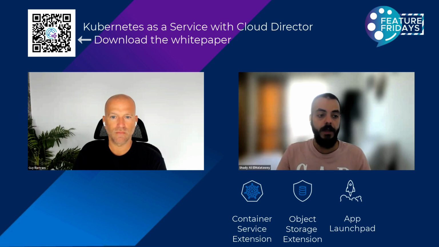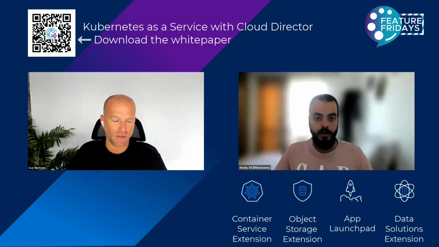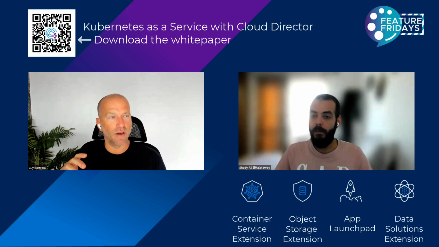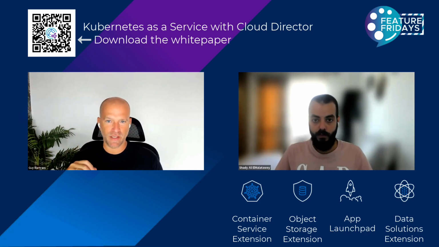And finally, I'm covering data solutions extensions, which allows the partners to deploy Tanzu data services on top of their Kubernetes clusters. And just to add there, as a starting point, you mentioned App Launchpad, which is morphing over the next few releases of VCD into the Content Hub.